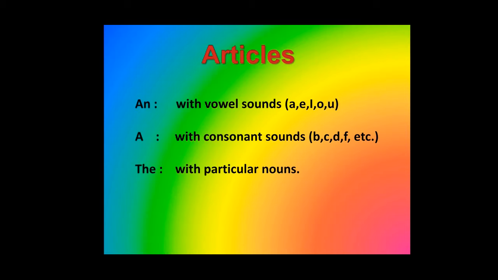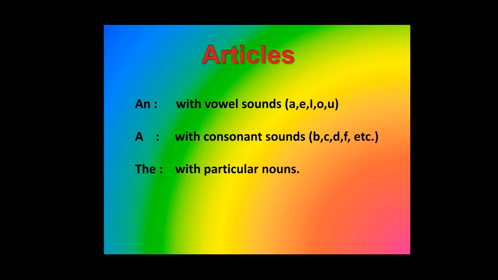Let's go with the rules. An we use with vowel sounds. Vowel sounds start with a, e, i, o, u sounds, not the letters. A with consonant sounds, which start with b, c, d, f, etc. These sounds. The we use with particular nouns.